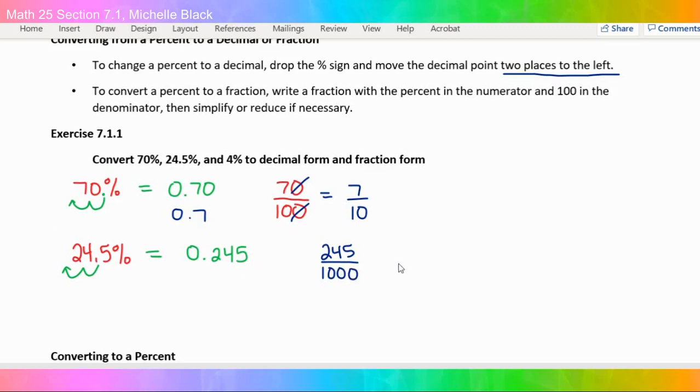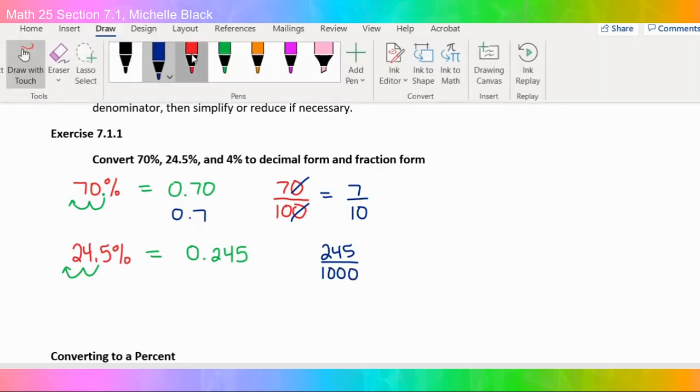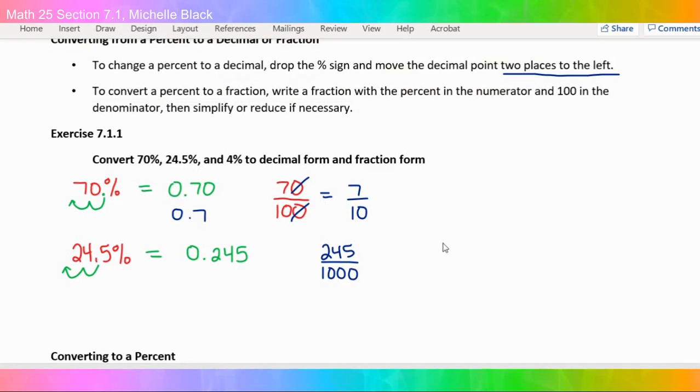The other way you would have done it is you would have written the percent on the top over 100, but we don't like to have decimal points in our fraction, so I would need to multiply this by a fraction equaling 1 that will move this decimal point away. If I multiply this number by 10, it's going to move my decimal point 1 place to the right, so I end up with the same thing I have in blue.